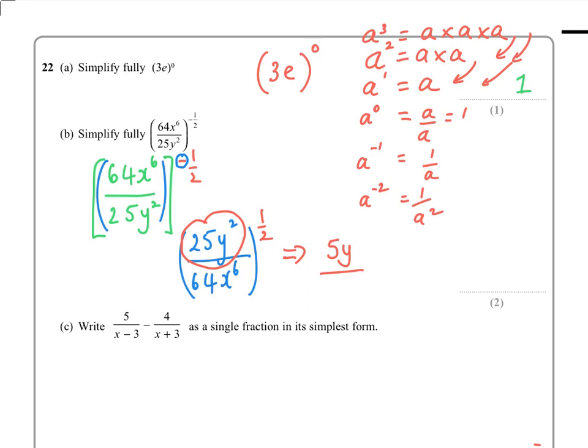Well, the square root of 64, that's easy enough done. But be careful, what times itself gives x to the 6? Well, if you've got x to the 6 written like this, and they're all timesing, then surely you've got x cubed times x cubed gives x to the 6. So you've got 8x cubed. And that looks good enough to me.